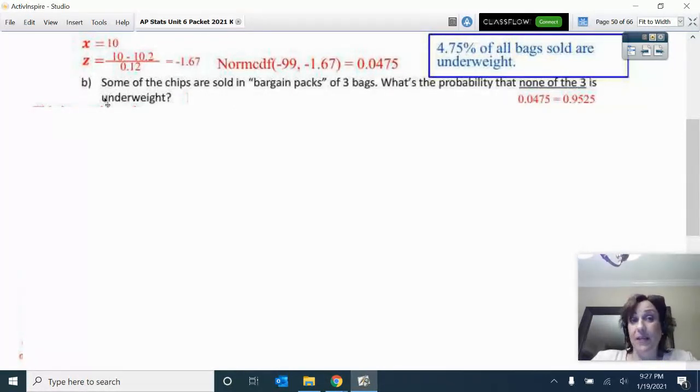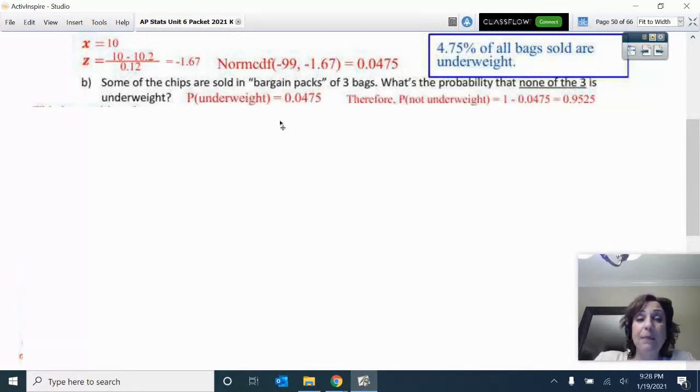This is a big deal, and this is very much like what might happen on an AP free response question, where you use an answer from a previous problem to answer a subsequent part. Even if you get part A wrong, if you use that correctly in the subsequent parts, you get full credit. So keep that in mind.